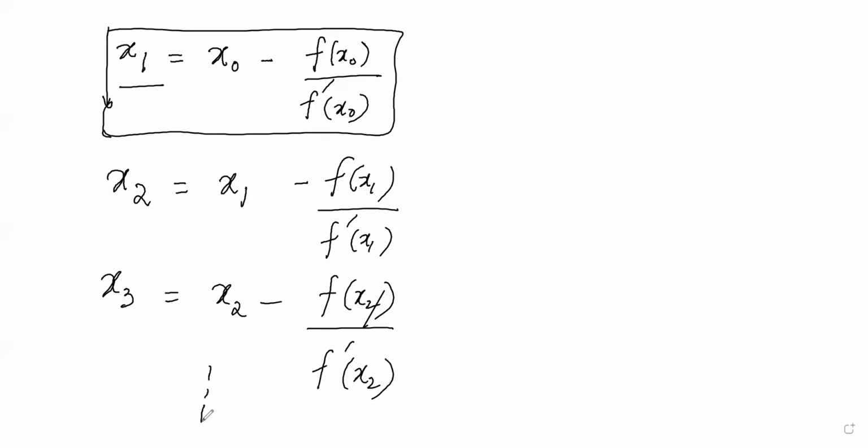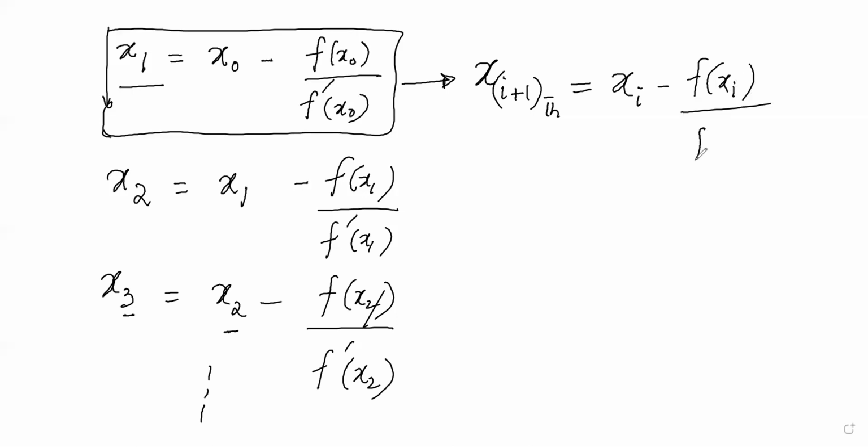Similarly, this will keep on going. So we can write the next approximation in terms of the general formula. We can write x of i plus 1, that is the (i plus 1)th approximation, is equal to the ith approximation xi minus f of xi divided by f prime xi.